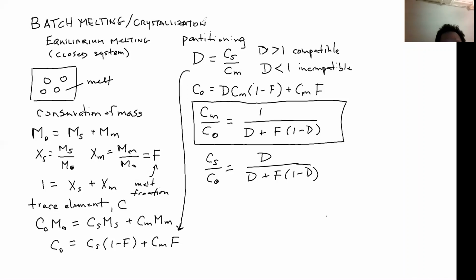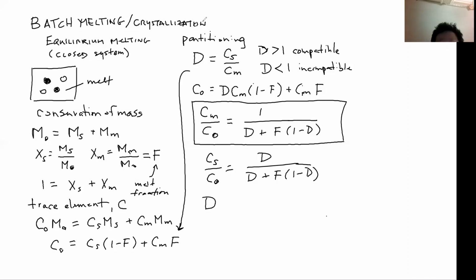Now, I should note that this partition coefficient really is what we call a bulk partition coefficient. If there are different mineral phases, like under the colors, some here that are dark and some light, this might be clinopyroxene and olivine, say, in the mantle, then the bulk partition coefficient is some sort of weighted average of the partition coefficients of each of the phases.